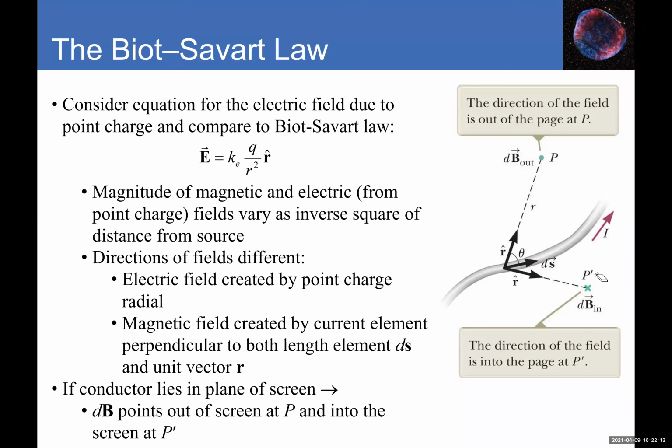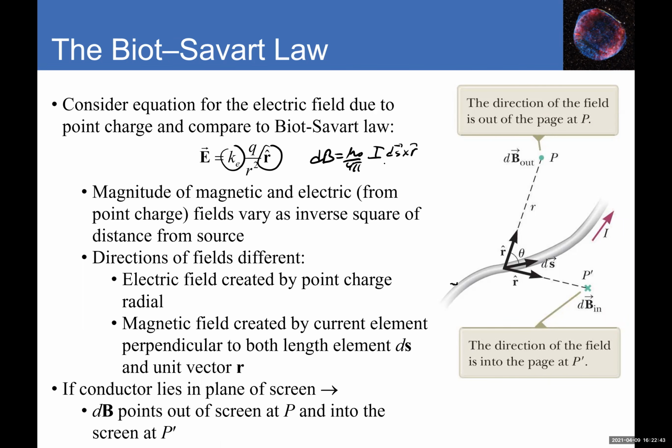In the same way we have the magnetic field. This dB equals mu naught over 4 pi, which is equivalent to that constant, times I, which is the source, but we need a vector, so that's why we use ds cross r hat. We need to get the direction out of that as well. The direction of the electric field is much simpler; the direction of the magnetic field, not so much.